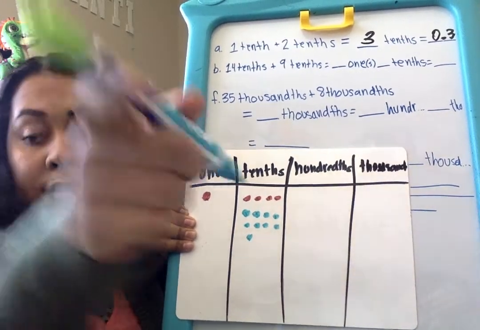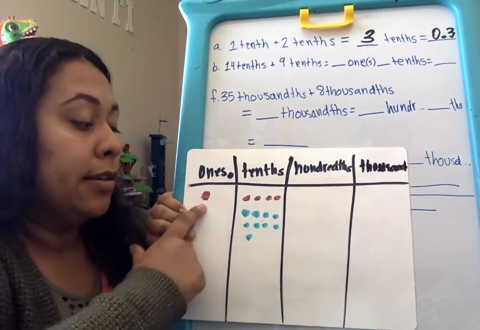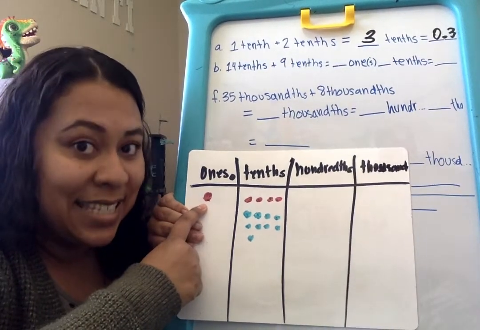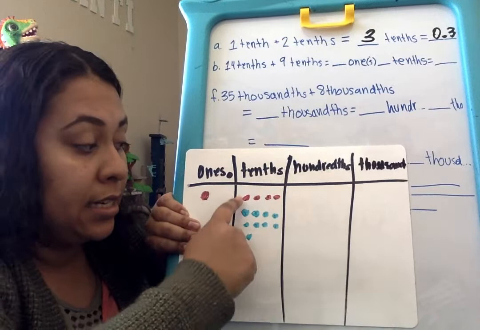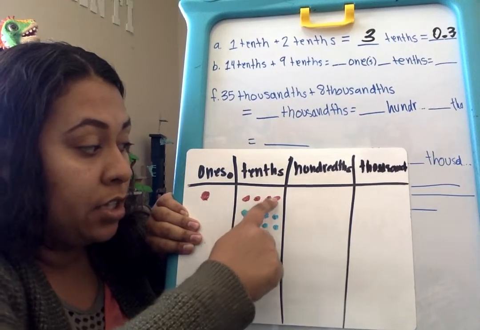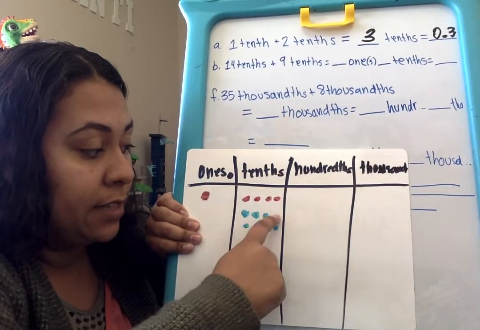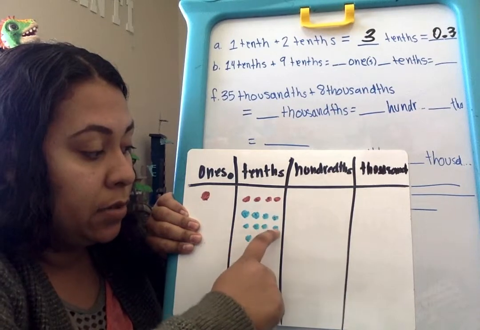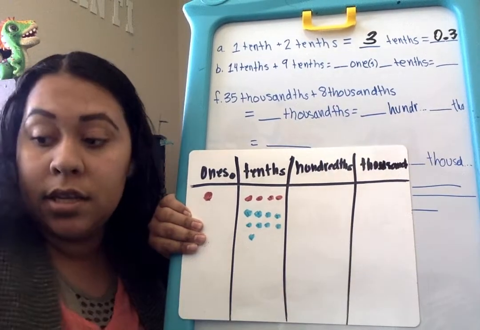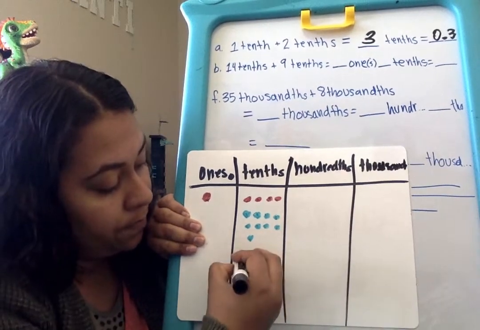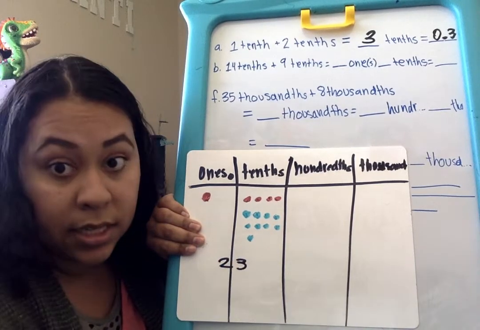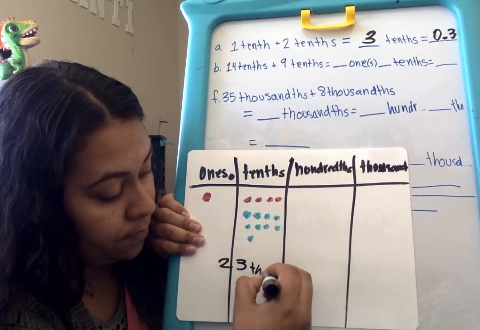So now I'm going to count up how many total tenths there are. So remember, 1 one is 10/10, okay? So we could say 10, 11, 12, 13, 14, 15, 16, 17, 18, 19, 20, 21, 22, 23. So that gives us 23/10, okay?